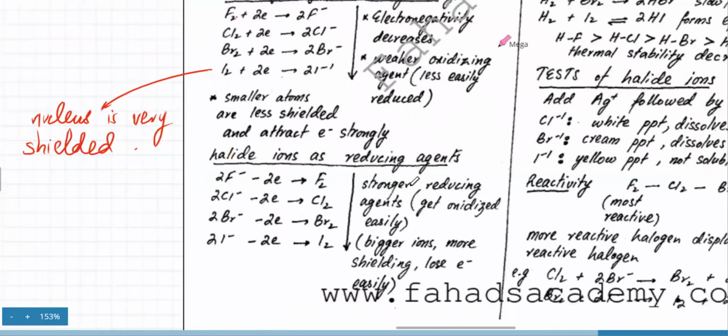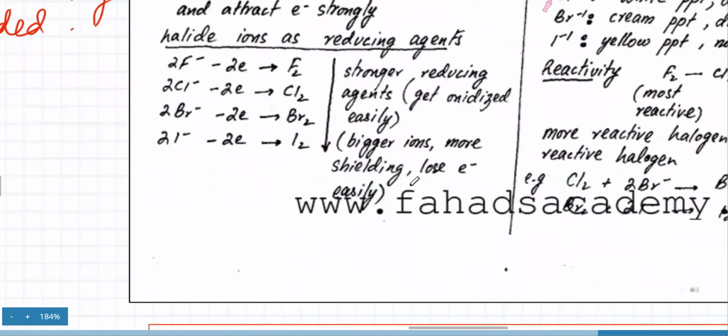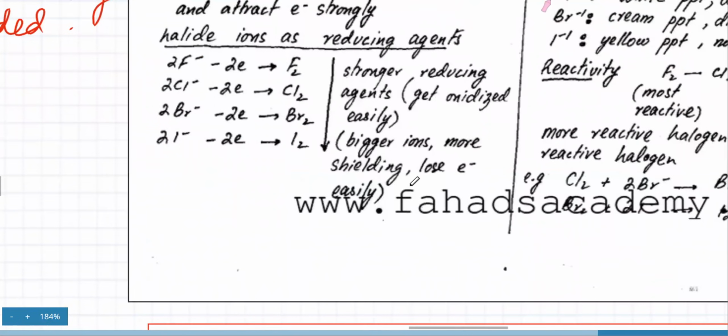But when it comes to the negative ions, the halides, you're referring to them as reducing agents, because negative ions are not going to gain electrons, but instead they're going to lose electrons. So, who's going to lose electrons? Remember, bigger ions are more shielded and they lose electrons a lot more easily. So if you have I minus 1, it's going to lose electrons very, very easily. F minus 1, because it's a smaller atom, doesn't really like to lose electrons.